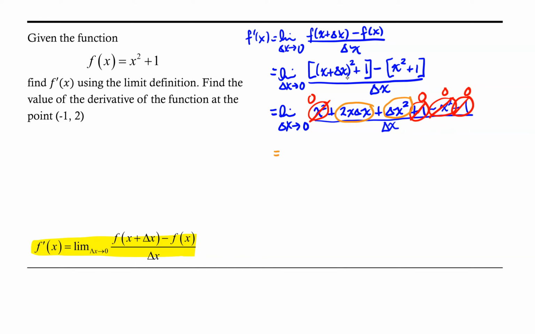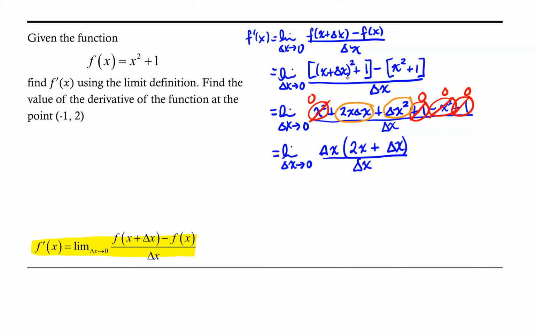So we'll end up with the limit as delta x goes to 0 of delta x times, from my first term I factor out delta x, I'm left with 2x, plus from my second term factoring out a delta x will leave me with a delta x.